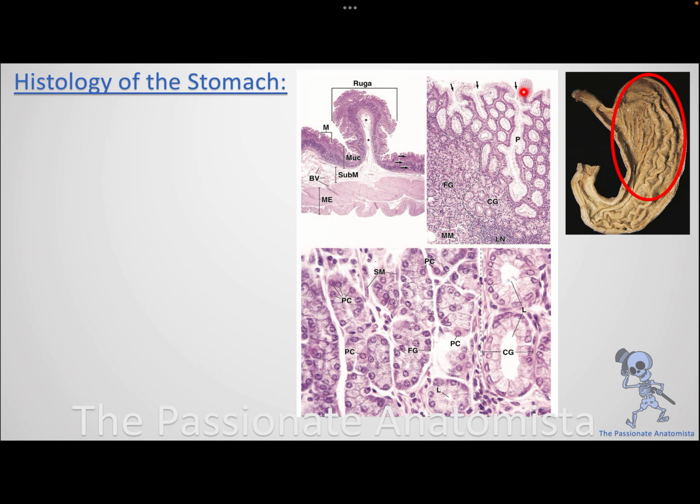So these are all the gastric pits, but down here I have my gastric glands in the stomach. We have the parietal cells, which are pale staining, and then the chief cells, which are darkly stained. So these are all parietal cells.